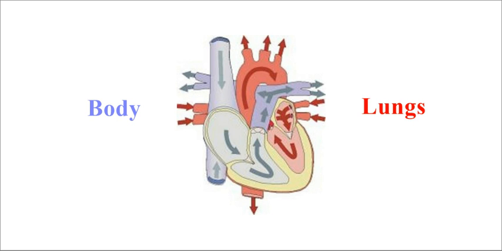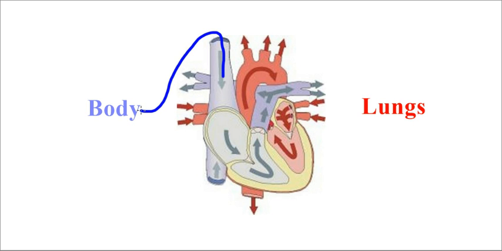I'm going to talk about blood flow through the heart. To make it more apparent, body is written in blue, and you see the blue portion of this heart diagram signifies oxygen poor blood flow. It's oxygen poor coming back from the body because it's been circulating through the body, the blood's dropped off its oxygen and picked up waste.